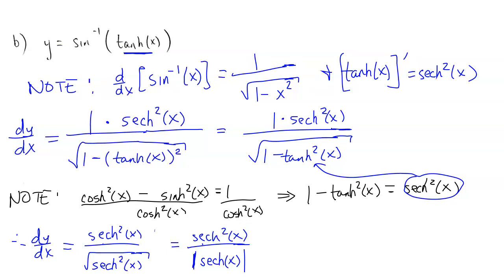Now at this point, we need to decide whether this is going to be a minus secant hyperbolic or a positive secant hyperbolic in the denominator. To do that, we need to refer back to what the graph looks like. I'm going to stop the video and switch to that now so that we can decide what we need to write here in the denominator.